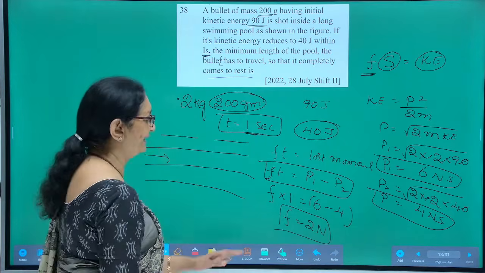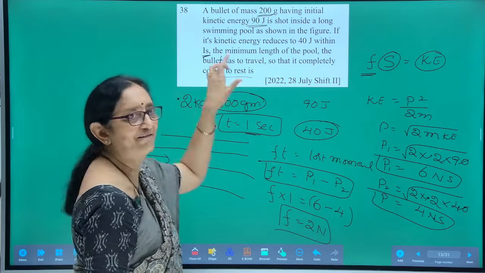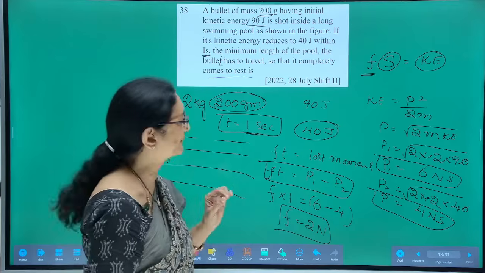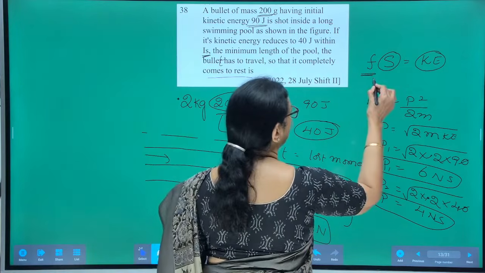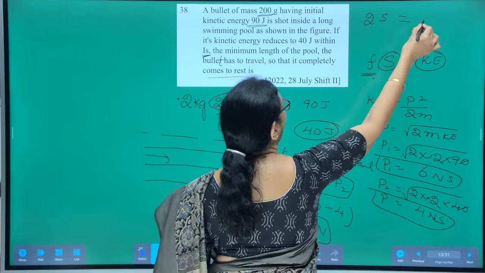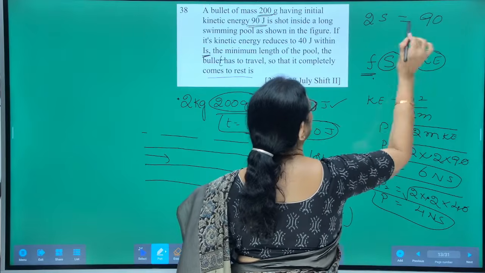Why did we find this F? Because you are asked to find out the distance travelled by the bullet before it completely stops. So, substituting this here, F is equal to 2, S, and lost kinetic energy is initial minus 0.